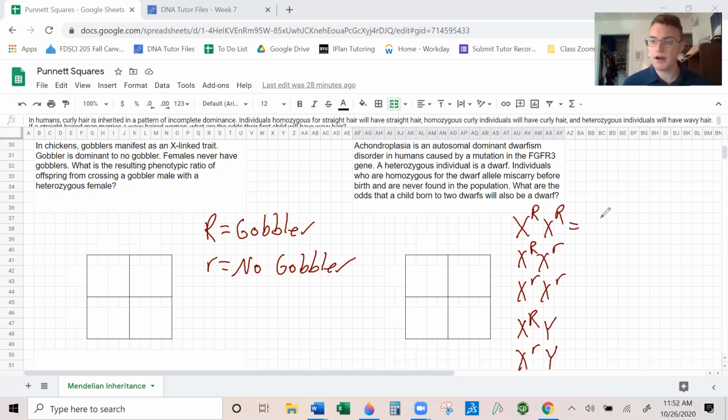Running off of what we learned last week, and I'll amend this later, X big R, X big R would be a gobbler female. X big R, X little r would be a gobbler female.